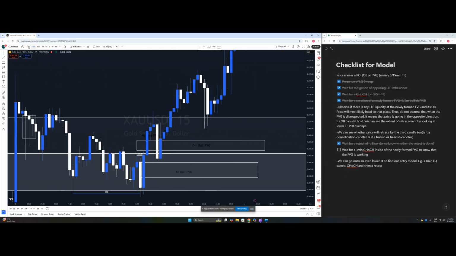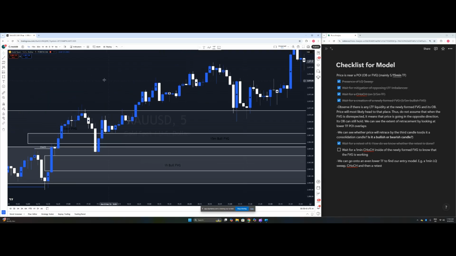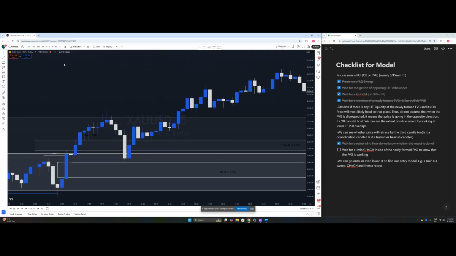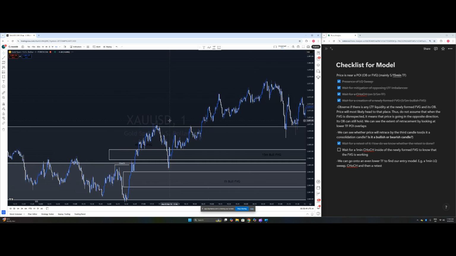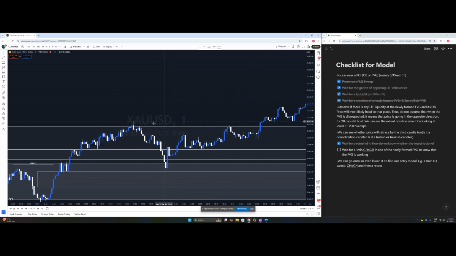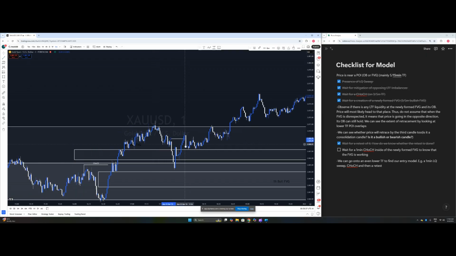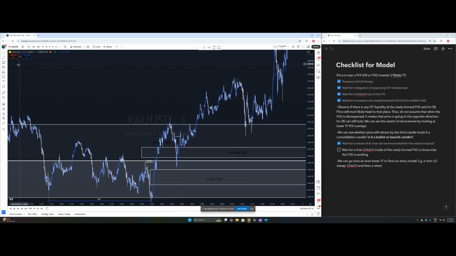We should look for a change of character on the, I guess 1 minute is fine. And this will be the change of character. After price came up and retested, we could enter for buys. Buy position.